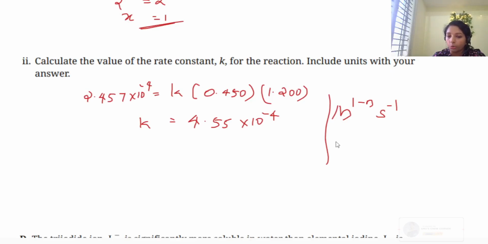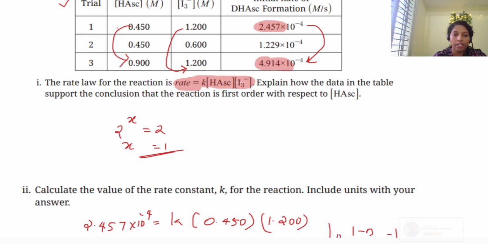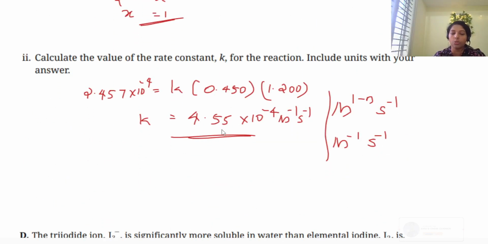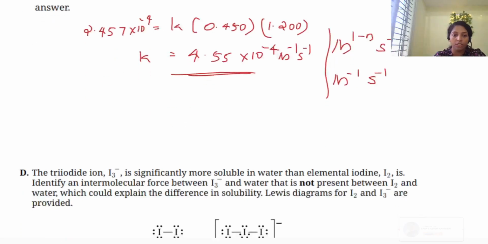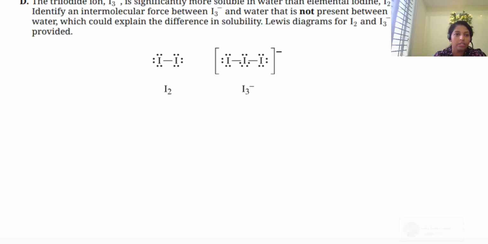So 1 plus 1, 2. So molarity raised to 1 minus 2, means minus 1, second inverse. So that will be the unit of k. Okay. And again, take care about significant figures. Here there are 3 significant figures, so your answer should also contain 3 significant figures. Okay. That's all.